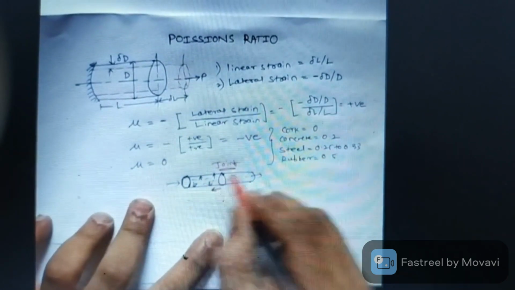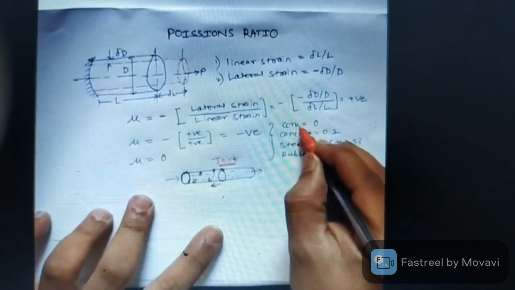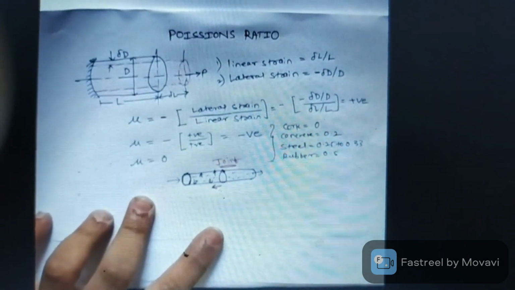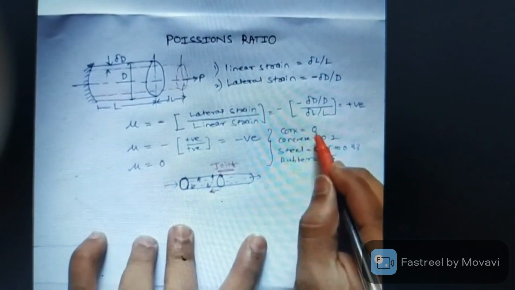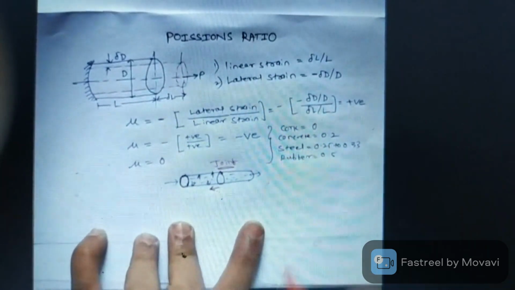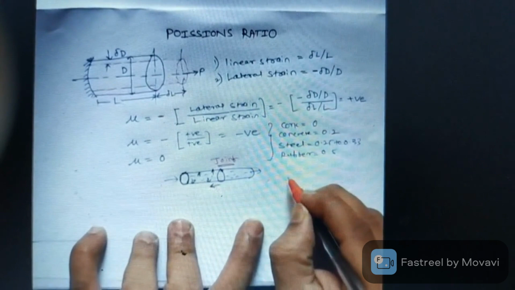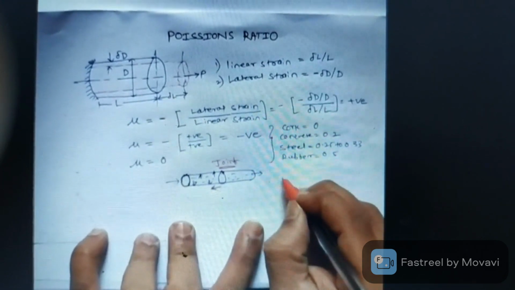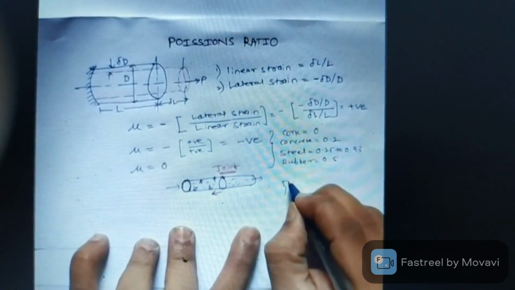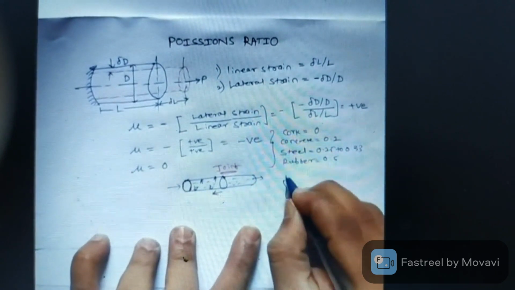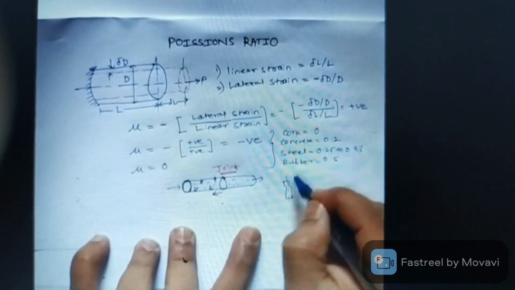Now, second example, if we consider this cork. It has almost 0 Poisson's ratio. So if we consider some bottles, for those bottles the upper cap is joined with the cork piece.